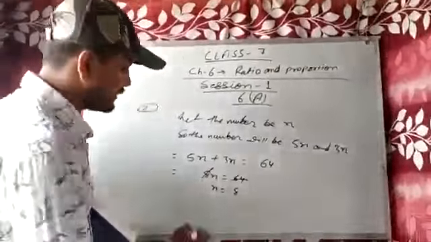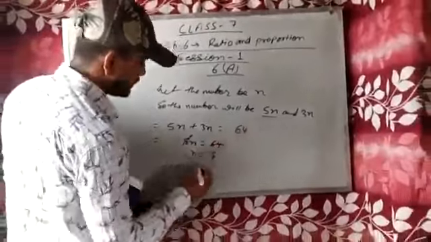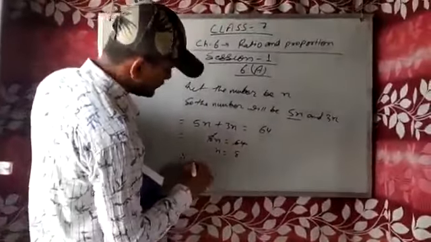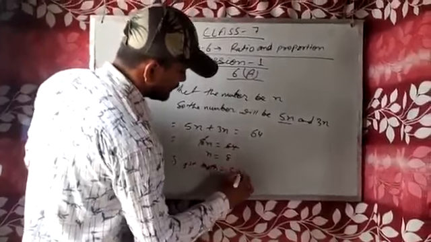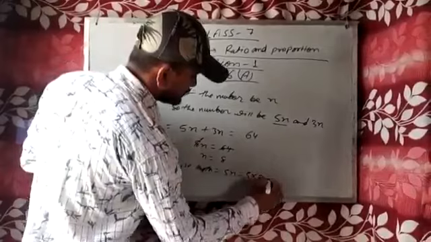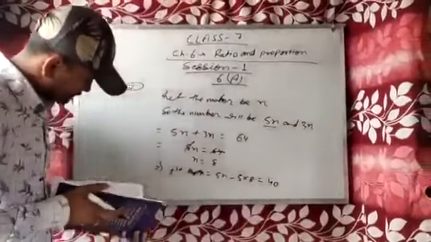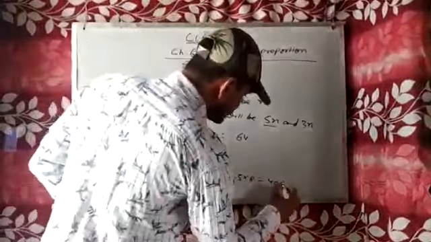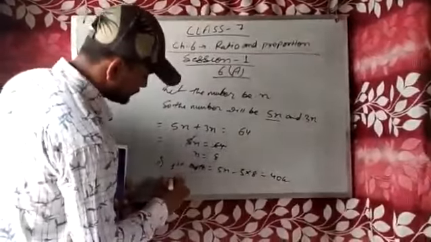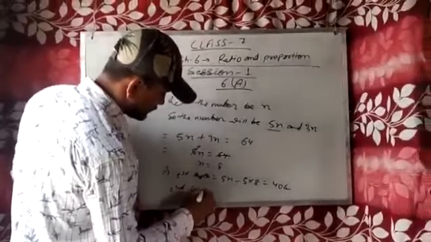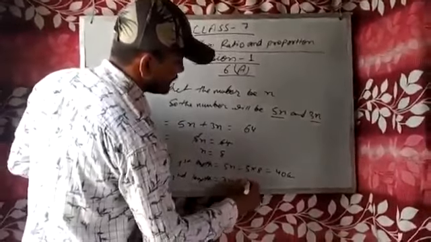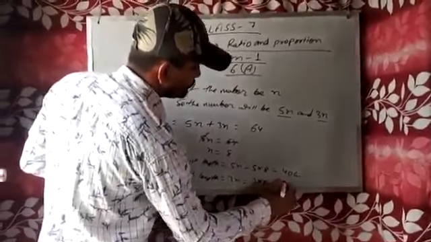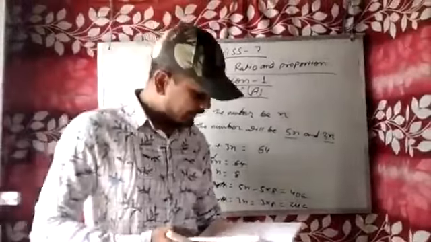Okay, now here first length is 5x, that means 5 into 8 is equal to 40 centimeter, and second length is equal to 3x, that means 3 into 8 is equal to 24 centimeter. Okay, am I clear?